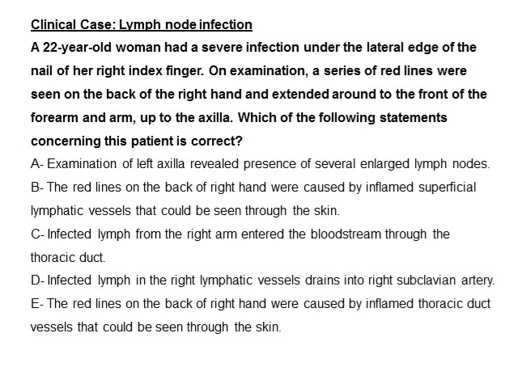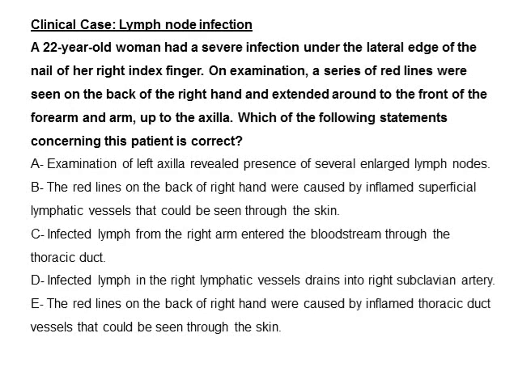Examination of the left axilla revealed presence of several enlarged lymph nodes. This is not true because the infection in the right will not affect the left side. So this is wrong.